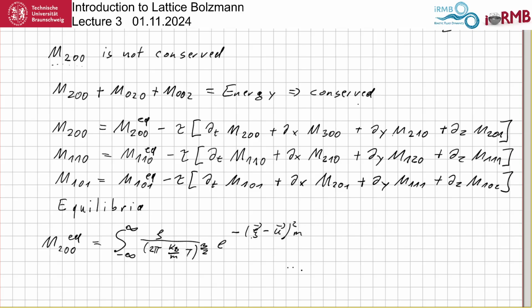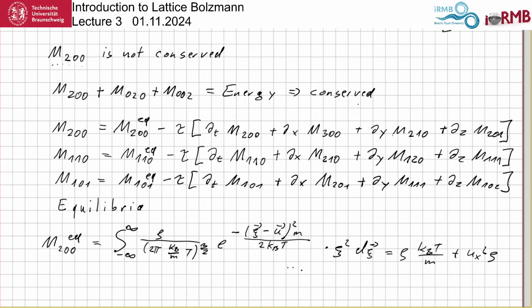Then there is particle mass m, Boltzmann constant and temperature, and in order to get the second moment, we multiply by xi squared and integrate over vector xi. And I put this into Mathematica and get rho Boltzmann constant times temperature divided by mass plus ux squared rho.